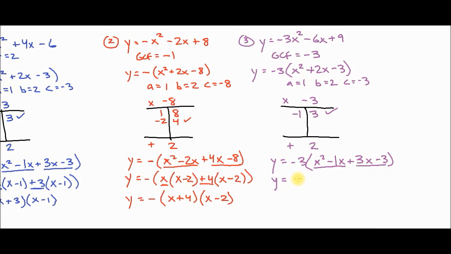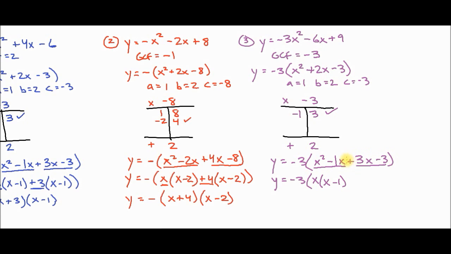We've got y equals negative 3 times, okay, the common factor between x squared and 1x is x. That's going to leave us with x minus 1. Let's check that. X times x is x squared. That's good. X times negative 1 is negative 1x. That's good. Common terms between the last two terms is positive 3.